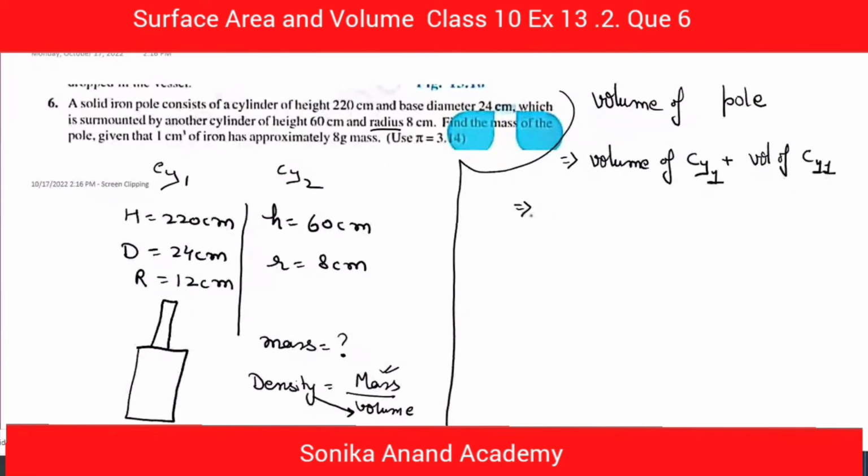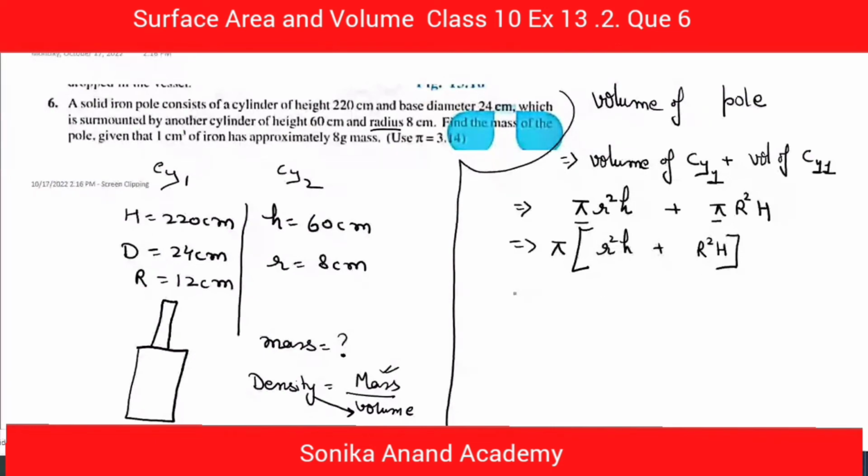So which is equal to, what is the formula for the volume of the cylinder? Pi r square h. And here I will take pi r square h because the radius and the height in both the cases are different. So here we can see the pi is the same in both the cases. So we take it common: r square h plus r square h.